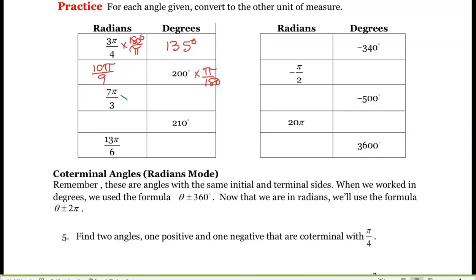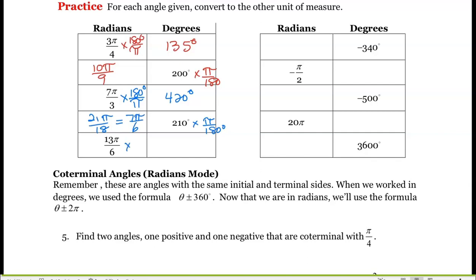If I want degrees, I want my degrees to be up top. When I do that, I'm going to get 420 degrees. If I want radians, I have my pi on top. And when I do that, I'm going to end up with 21 pi over 18. And then just looking at that, I can convert that to 7 pi over 6.